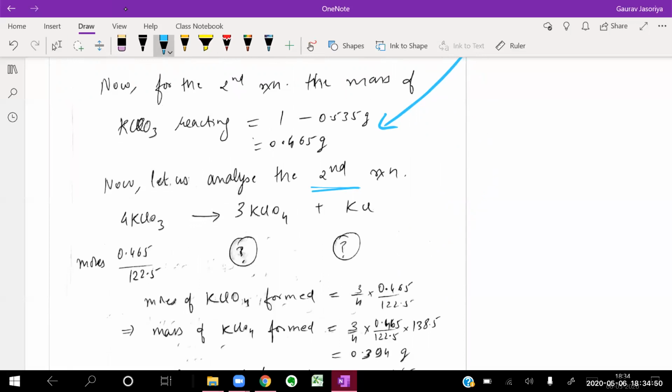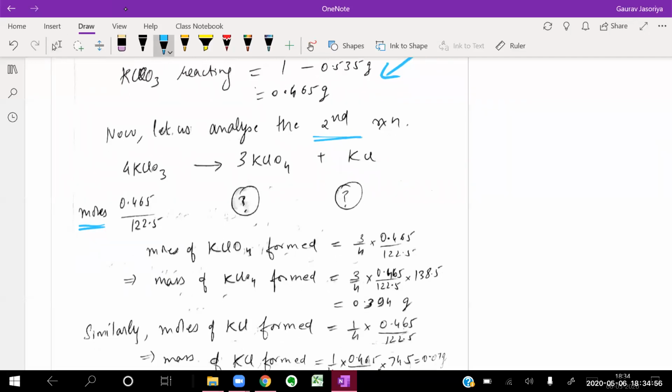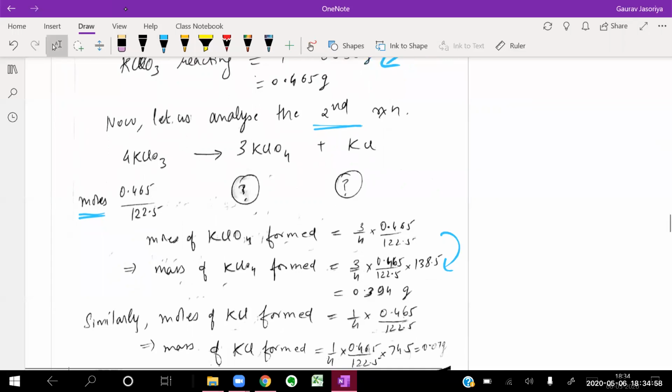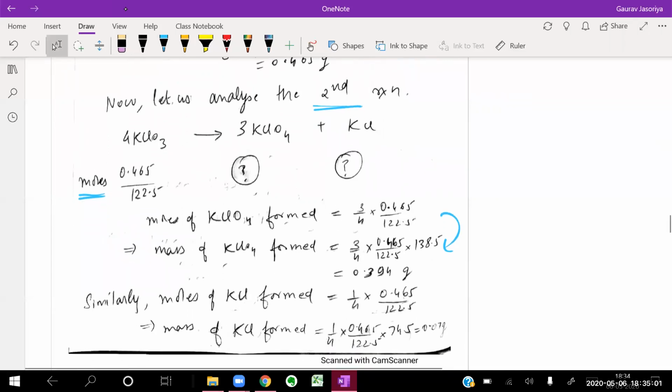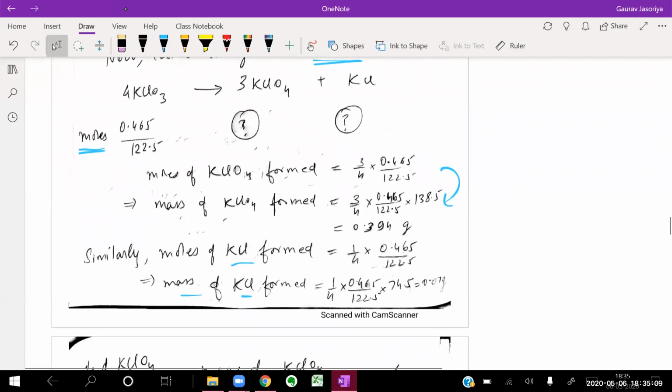So based on that, we calculate the moles of KClO3 and then apply the unitary method again to compute the moles and corresponding mass of KClO4, and similarly the moles of KCl and then the corresponding mass of KCl. As I said, the calculations are really bad. This is not something which you will see in tests. It is just too much laborious work.